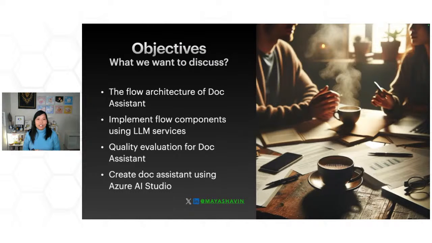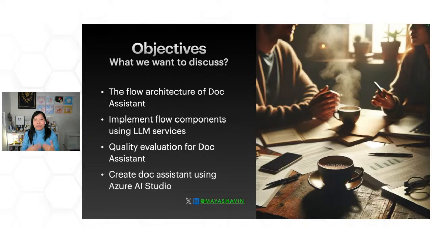So what is the objective of our session for today? We are going to go through the general flow architecture for our document assistant. You can call it document Q&A, or chatbot, or doc Q&A, whatever name it is, at the end of the day it is still a document assistant. We call it document assistant just because it sounds more professional.